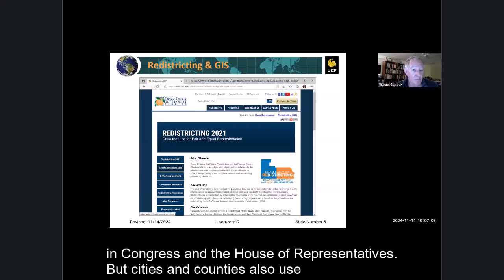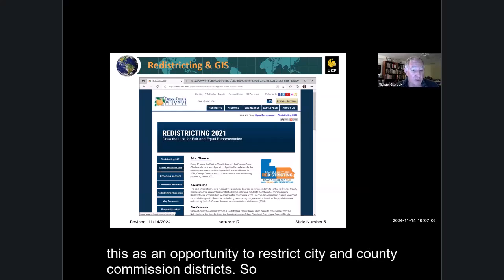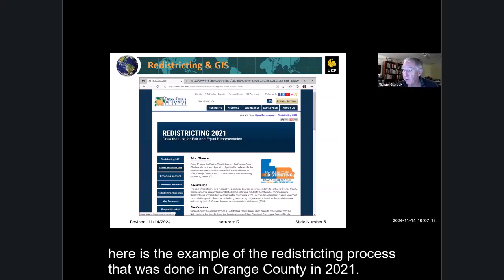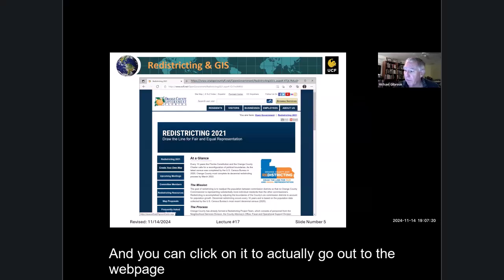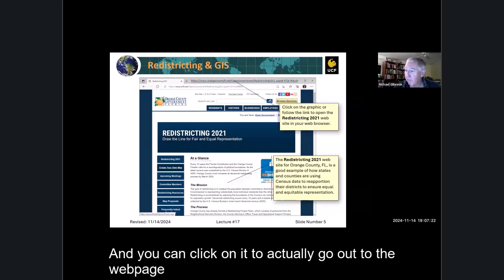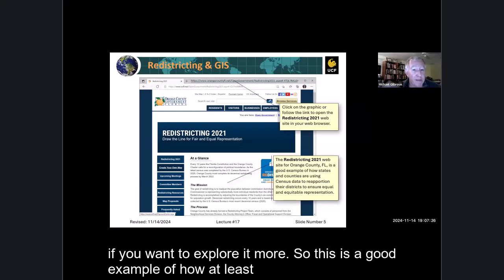But cities and counties also use this as an opportunity to redistrict city and county commission districts. So here is the example of the redistricting process that was done in Orange County in 2021. You can click on it to actually go out to the web page if you want to explore it more.